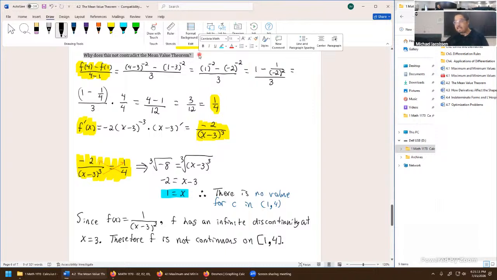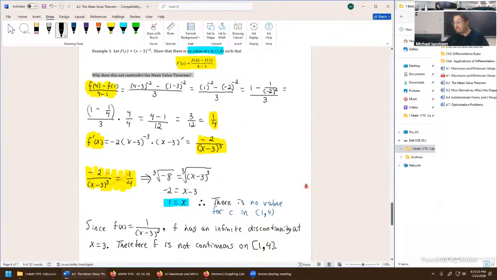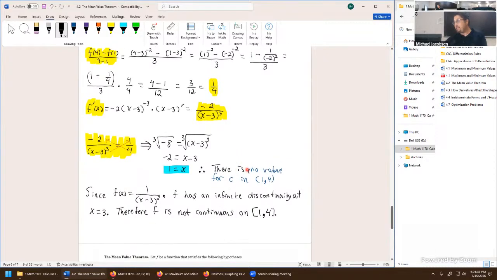Mean value theorem guarantees you're going to find a number in 1 through 4. The open set from 1 to 4 is a better way to say that. If and only if you actually meet both hypotheses, every single one of them. We didn't meet continuity, and so that's why there was no guarantee for finding that number C. So that's what we'll say here to wrap this up.